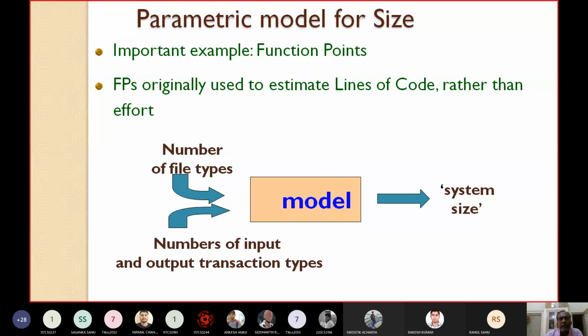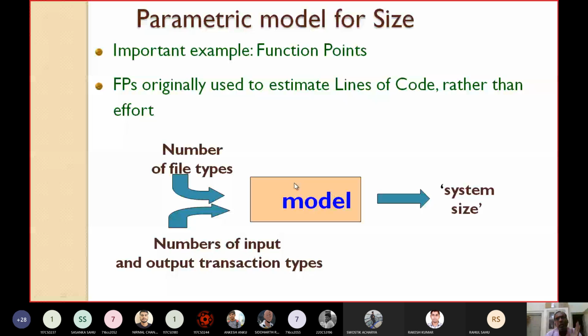Parametric models for size we have discussed in the last class. As I have already told you, two metrics or parametric models were used for size. One is LOC, another is function point. This function point is an important example of a parametric model. Initially, function points were used to estimate only the size or the lines of code rather than the effort.